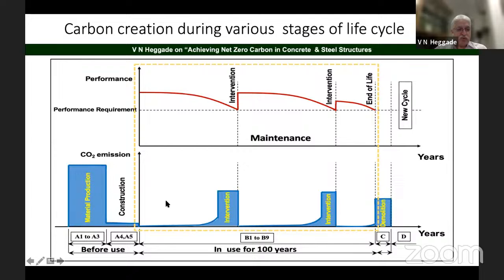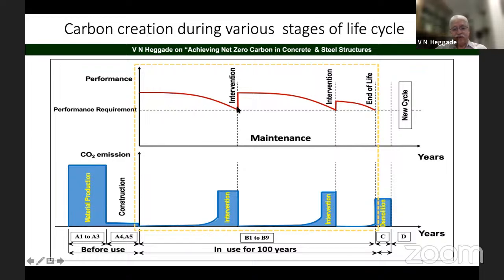And as I told you, carbon creation is happening during the different stages. As you can see here, this is before the use stage, and this is the in-use stage. In case of infrastructure, this facility is designed for 100 years, but the performance level will get reduced.